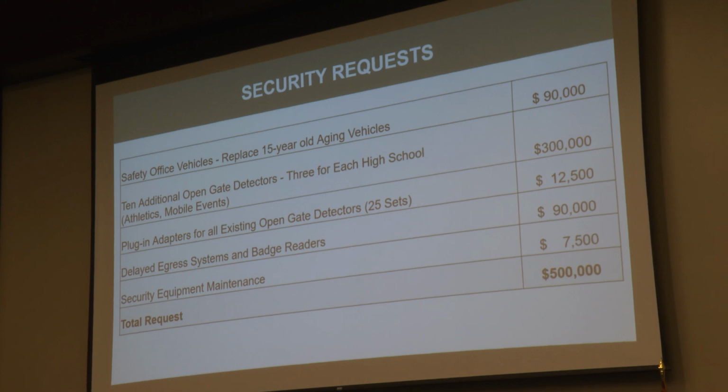We would also like to implement additional screening at our high schools with the open gate weapons detection systems for athletic and mobile events as well. We would like to service those with some additional adapters for those open gates. We would also like to pay for what's called delayed egress systems and badge readers that go with the delayed egress systems.